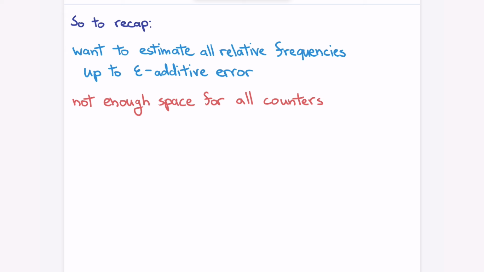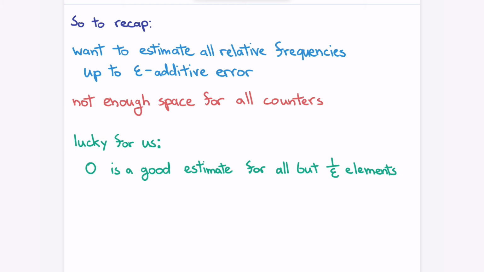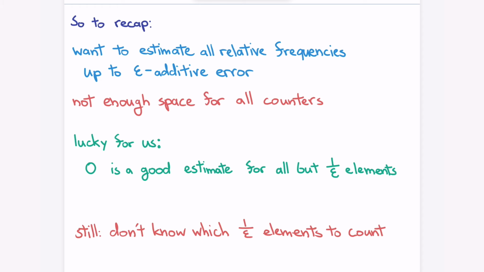Only 1 over epsilon elements it's not good for. So that's actually good news. Again, we don't really need that many counters potentially, although we don't know which counters to keep track of. I'm trying to count these elements. I don't know which ones to count, although in principle, I don't have to count that many explicitly.